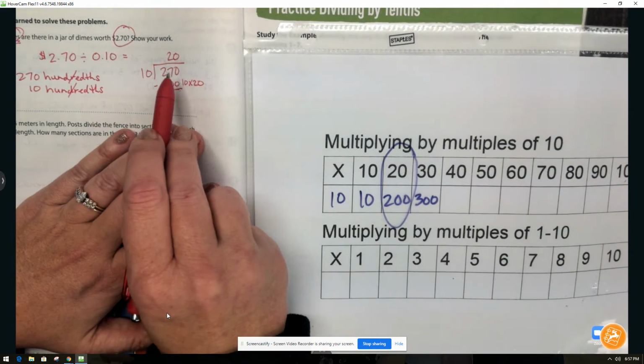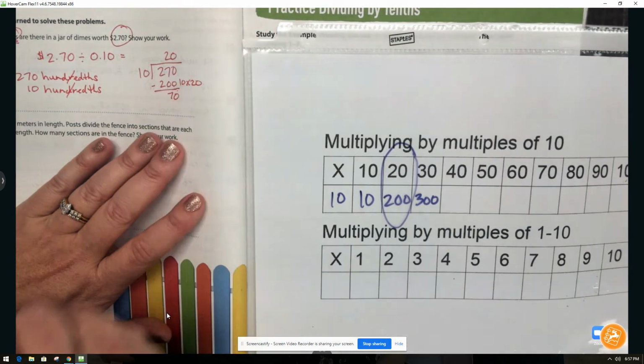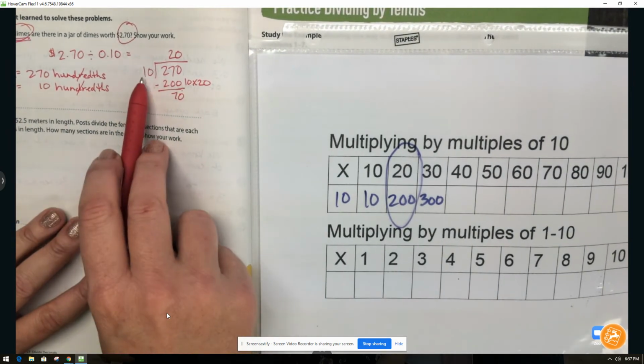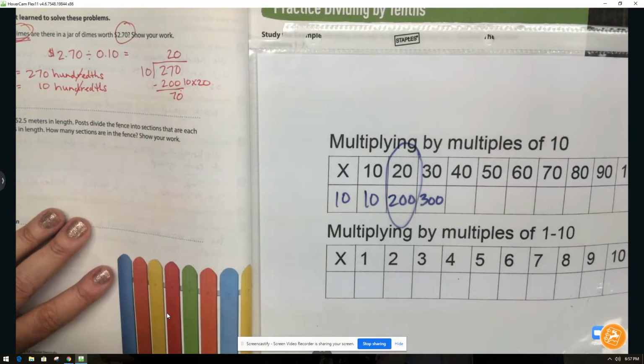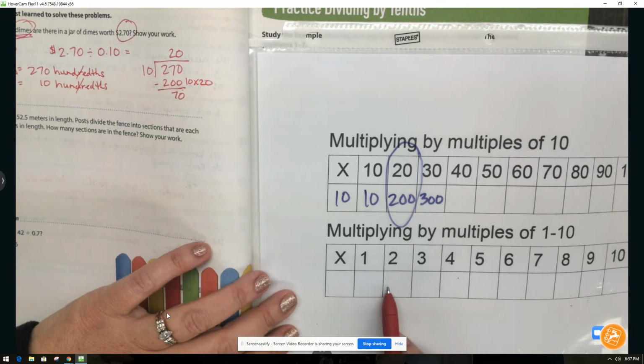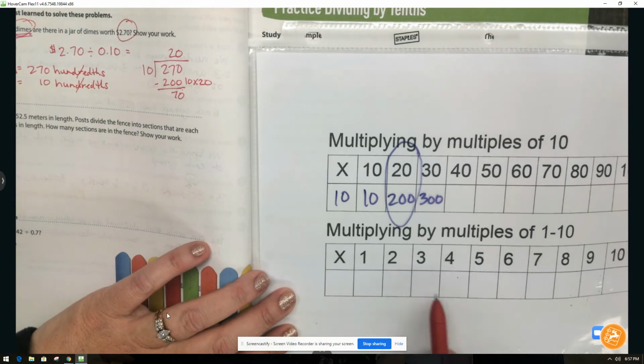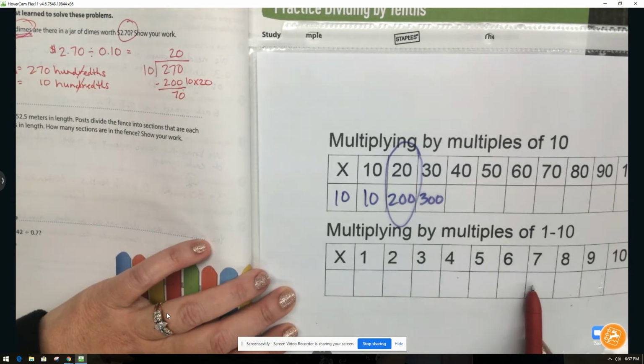Then we're going to subtract. 270 minus 200 is 70. Now our next partial quotient is how many times does 10 go into 70 without going over? I could use my multiples of 10 chart, but I happen to know that 10 times 1 is 10, 10 times 2 is 20, 30, 40, 50, 60, 70.